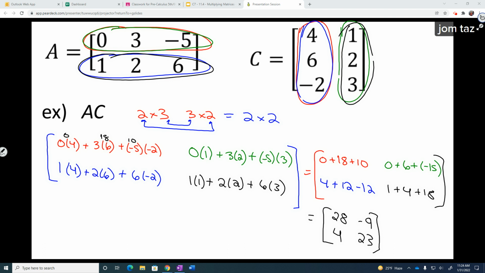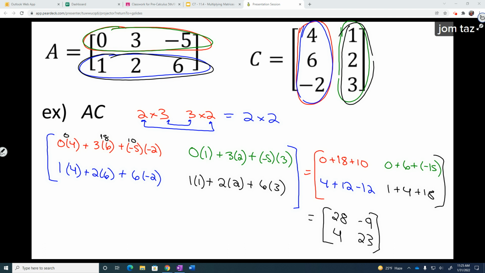Also, zeros are in the same position. 3s are in the same position. Negative 5 is in the same position. 1s, 2s, 6s. So it's a good idea to check that to double check before you add. Just make sure you see that pattern going throughout there. And we should be good if we added everything correctly. So that is our answer.